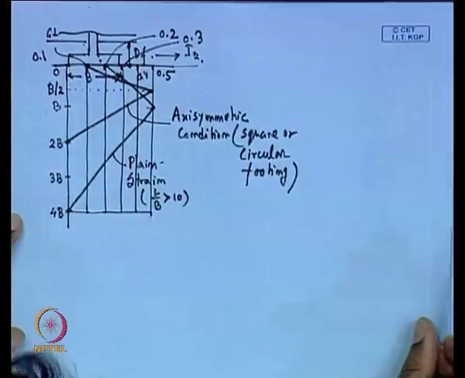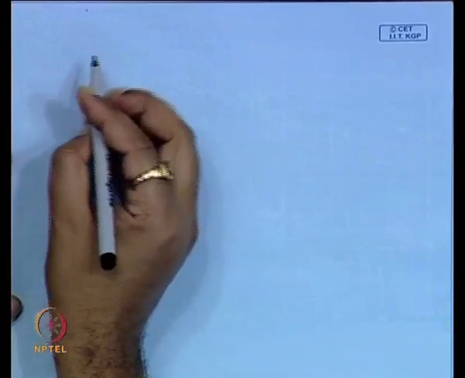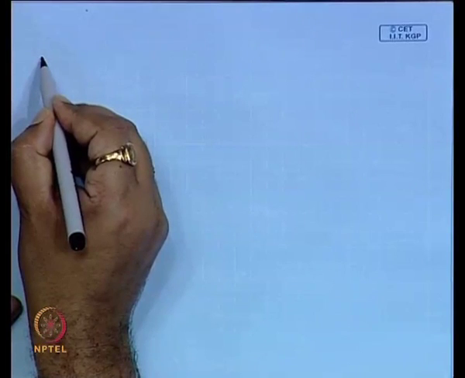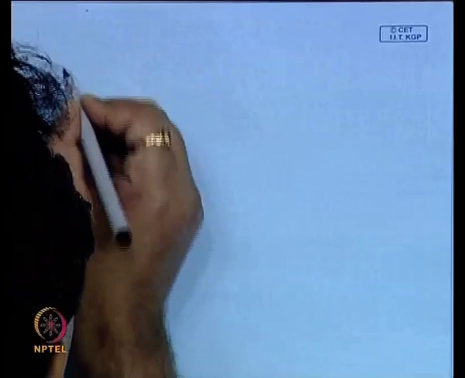So, now if we solve one example, then we will get how to calculate this value. Suppose this is the one footing that we are considering.